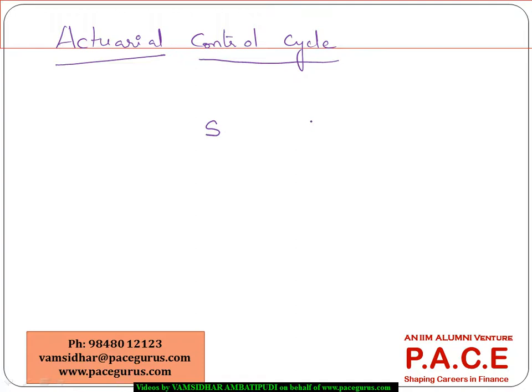Now, when I'm using the words actuarial control cycle, the term is a bit misleading. Why should I call it a control cycle? And why should I call it actuarial? First of all, if you remember the diagram which I have brought in, specify the problem, develop a solution, monitor the experience, I've actually put two-way arrows.